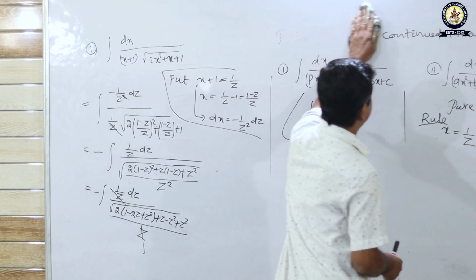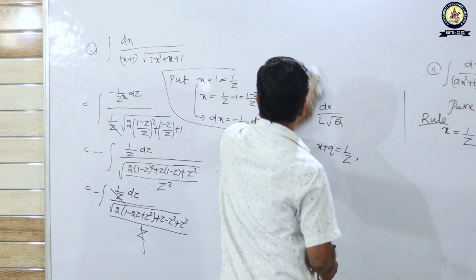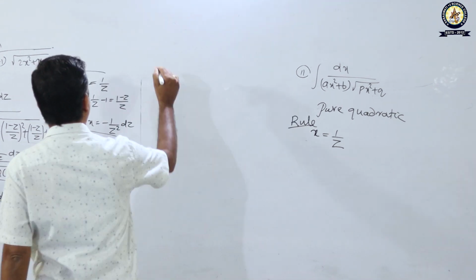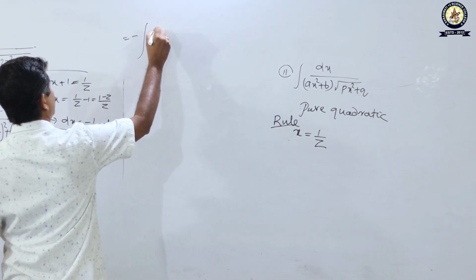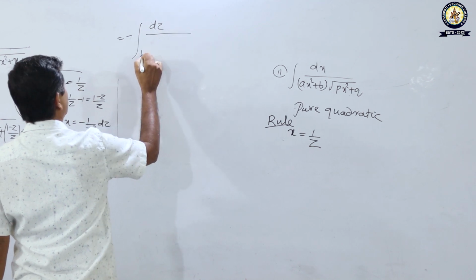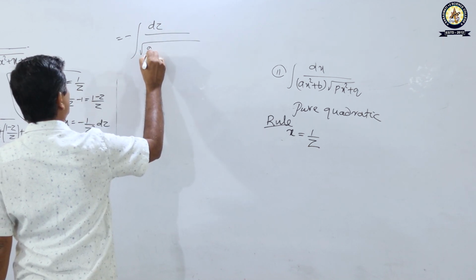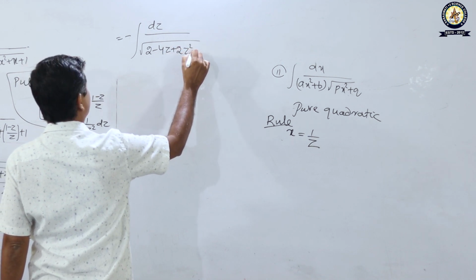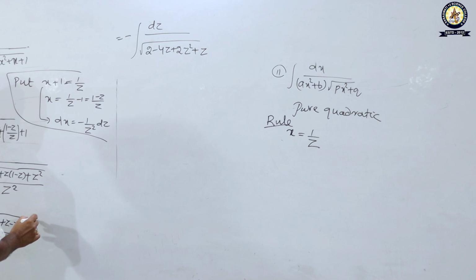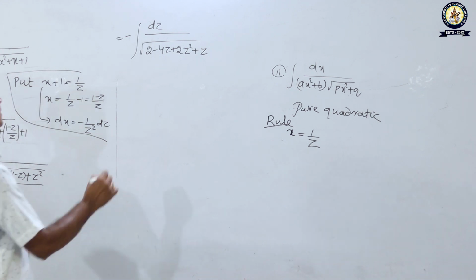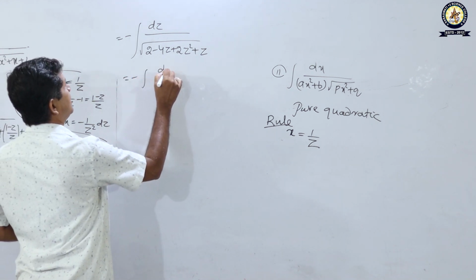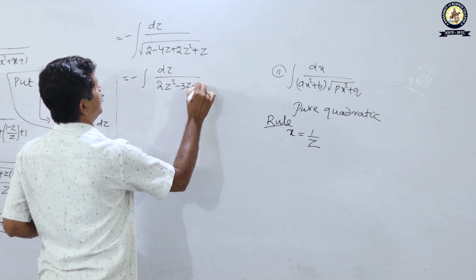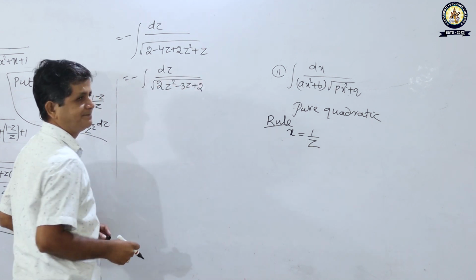Now come to its next simplification. Now it is minus dz by root over 2 minus 4z plus 2z square plus z, because z square cancels with z. This is equal to minus dz by root over of (2z square minus 3z plus 2).